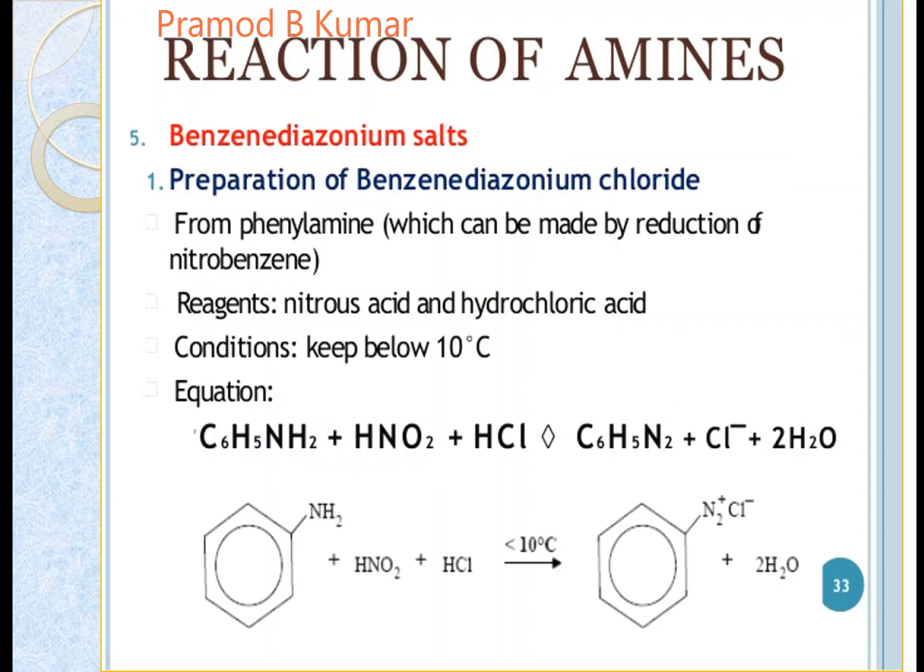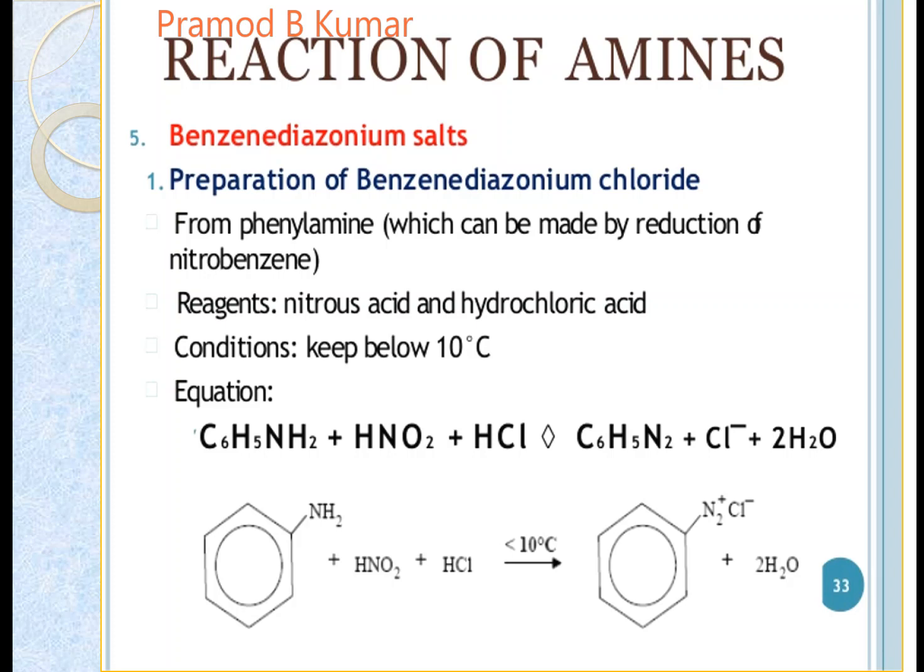Now, how diazonium salts are formed. When aniline is treated with nitrous acid in presence of HCl, you get your diazonium salt, C6H5N2+ Cl-.